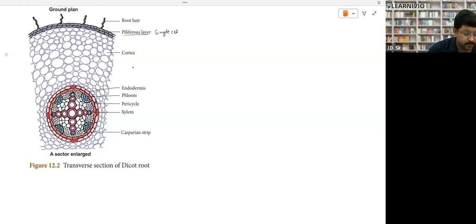Casparian strip is present in the endodermis.